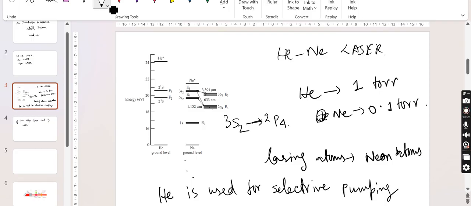The wavelength emitted at this transition, which is 633 nanometer, is mostly used. Neon atoms de-excite through spontaneous emission from E3 to E2. Since this time is shorter than the lifetime of E6, we can achieve steady state population inversion between E6 and E3.